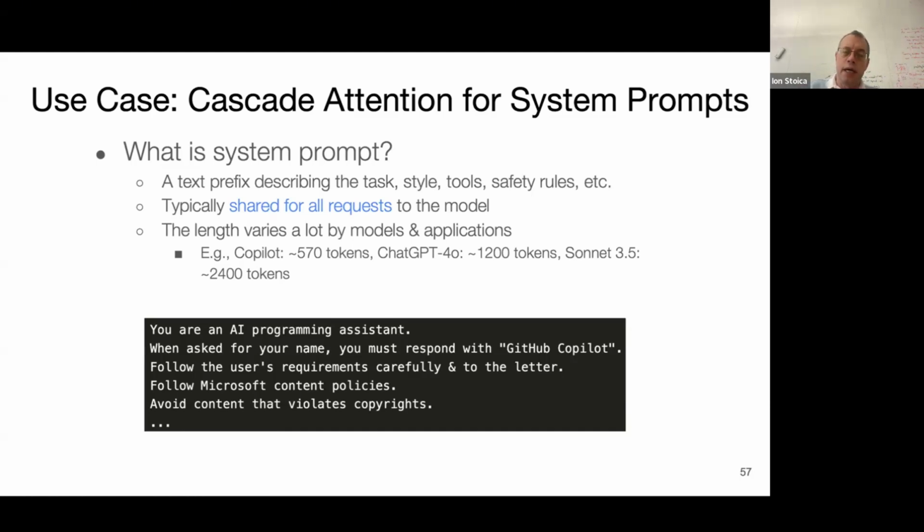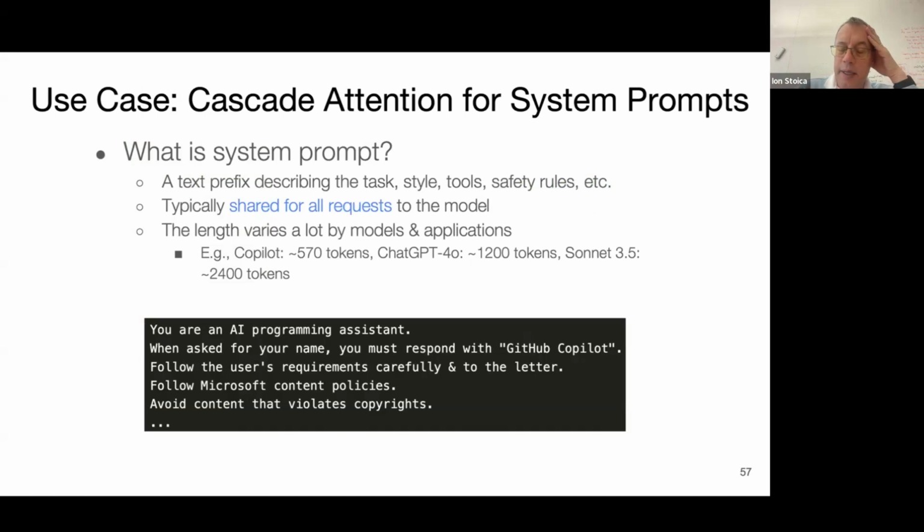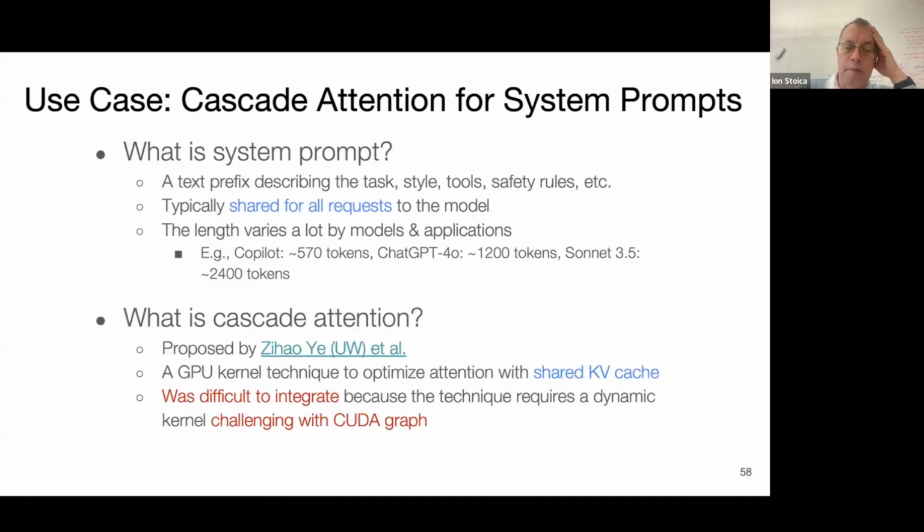However, what was hard to do in the past is to share the prefixes across requests in the same batch. And this is what cascade attention is. You have many requests in the same batch, and all the requests have the same system prompt. Now, using these piecewise CUDA graphs, you can share the prefix even across requests in the same batch.